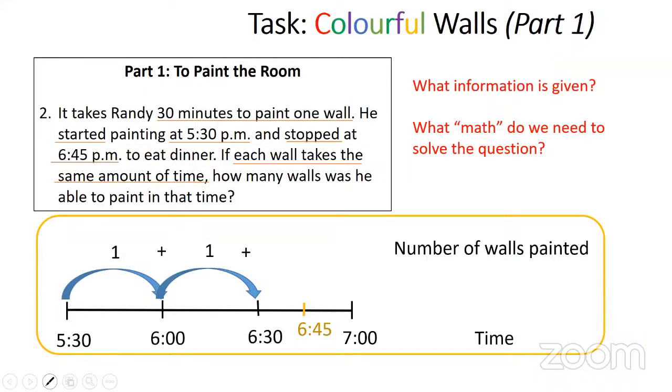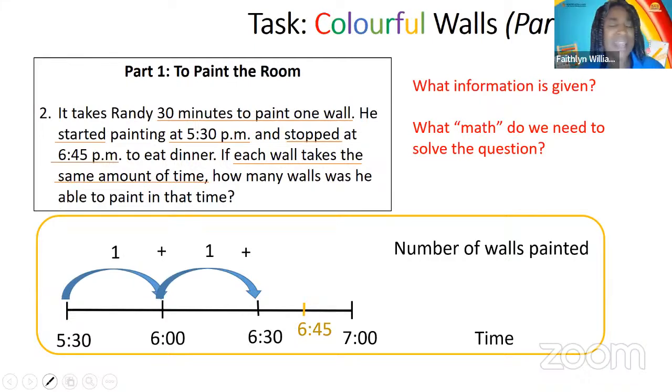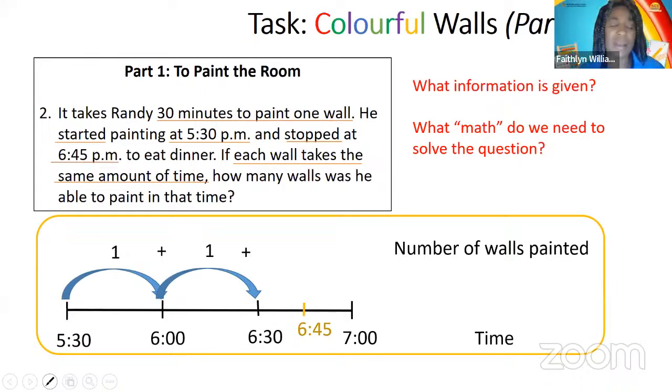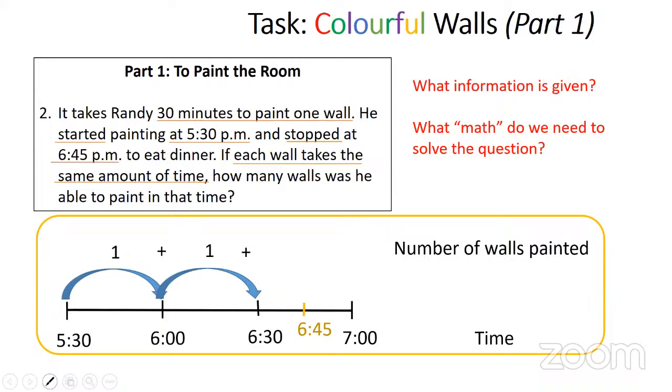Miss, he can't paint all 4 of them. He can just paint 2 of them. And why is that so? Miss, because it says that it took him 30 minutes to paint one wall, and 5:30 to 6:00 is 30 minutes.